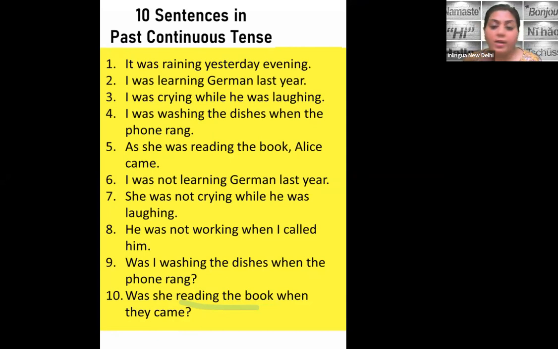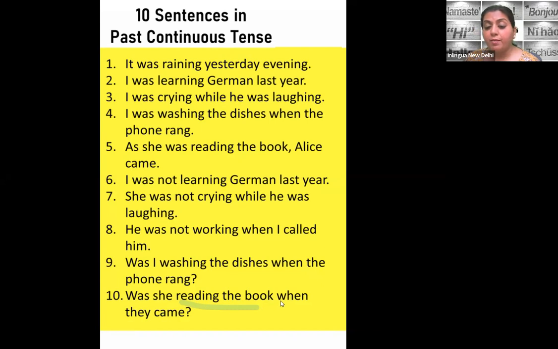I was not learning German last year. Negative sentence. She was not crying while he was laughing. Negative sentence using while. He was not working when I called him. Negative sentence using when. Was I washing the dishes when the phone rang? Regular question using the word when.